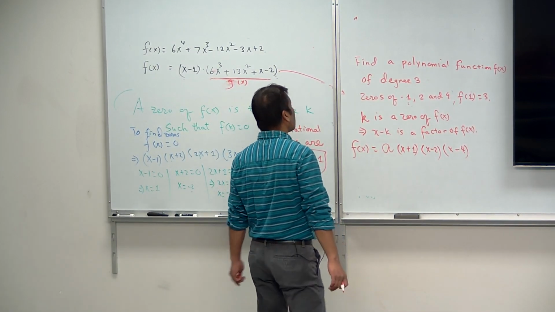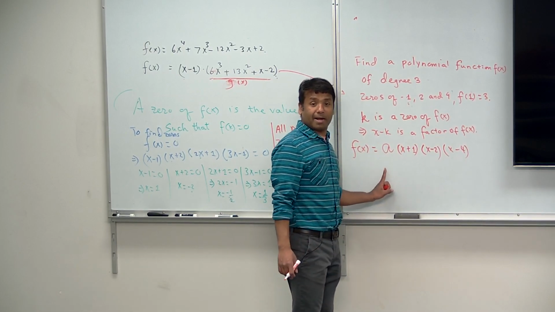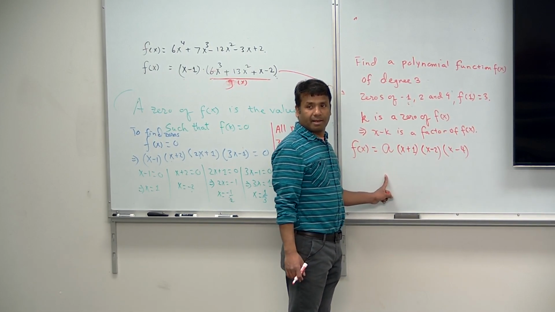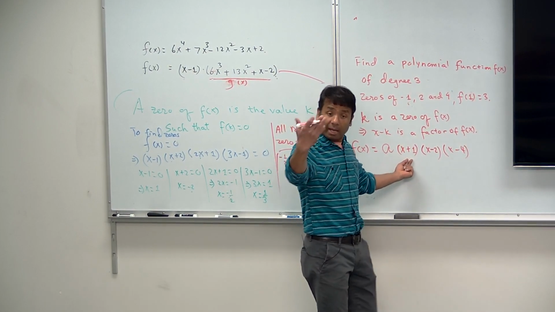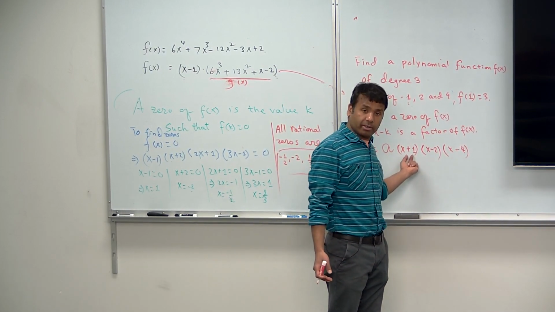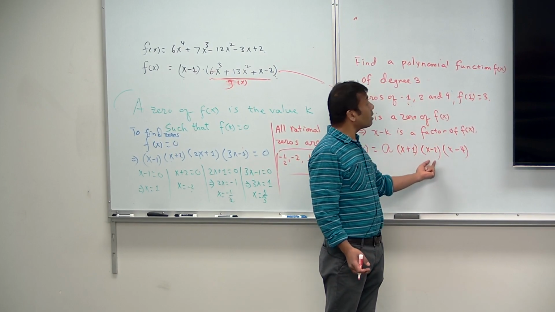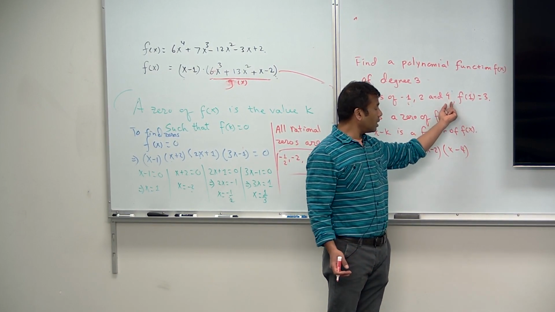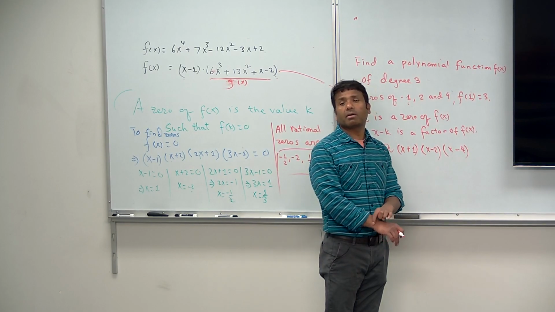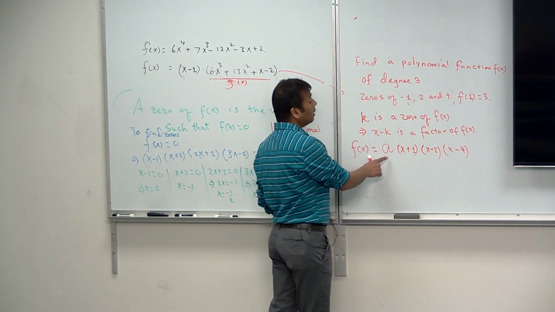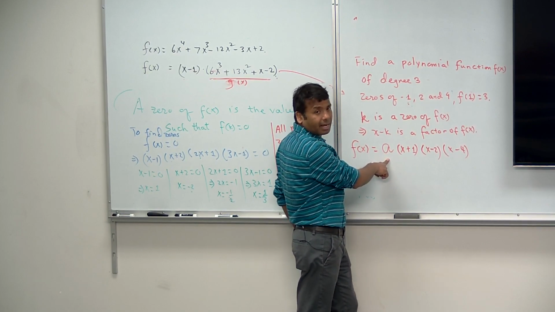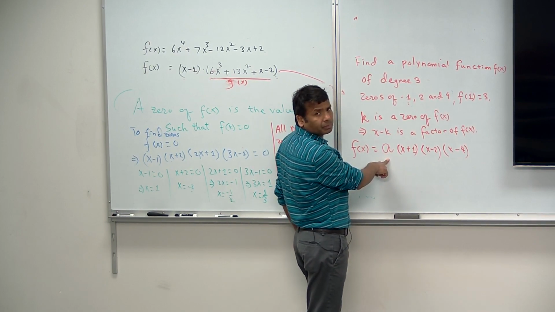So now, are you guys with me? We need to find the value of a. Because -1 is a zero, x minus -1, which is x plus 1, is a factor. 2 is a zero, x minus 2 is a factor. 4 is a zero, x minus 4 is a factor. And then the polynomial function will have the leading coefficient a.